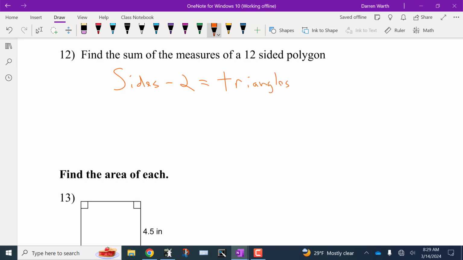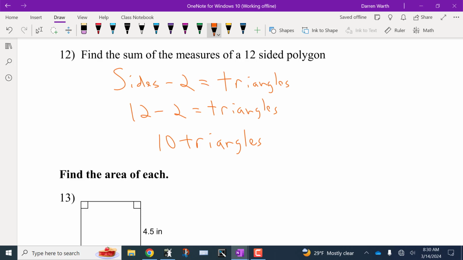So notice I've got a 12-sided polygon. You take 12 minus 2, and that's going to be the number of triangles that I have. So 12 minus 2 is 10 triangles. I've got 10 triangles that can be made out of the 12-sided polygon. Well, we know that the sum of the angles of a triangle is equal to 180.